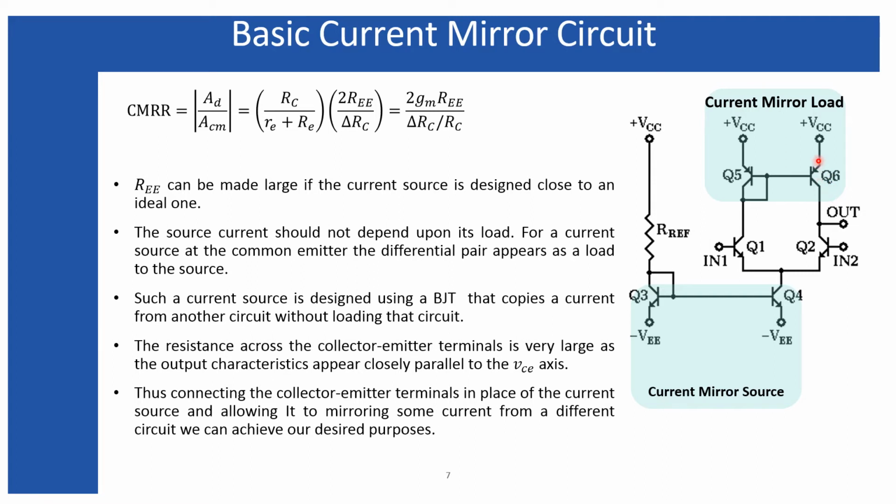As we know, the differential gain can be made as large as possible if we can make this RC resistance as high as possible. So by realizing the load resistance or collector resistance with another current mirror circuit, we can make RC as high as possible, and consequently design a differential amplifier with a high differential gain AD, because AD is proportional to RC.